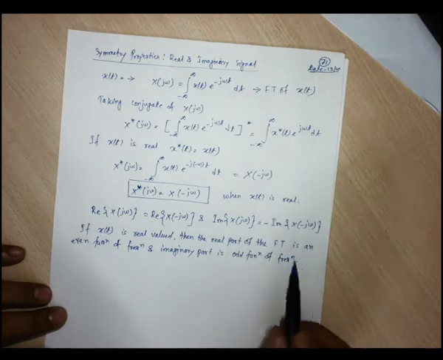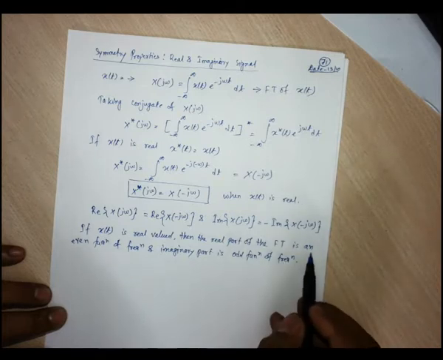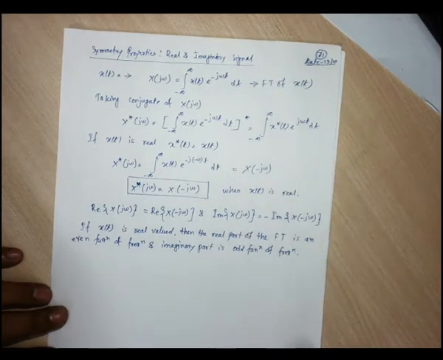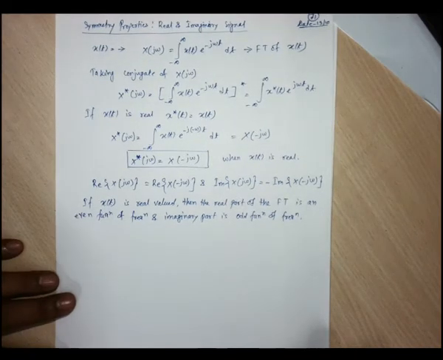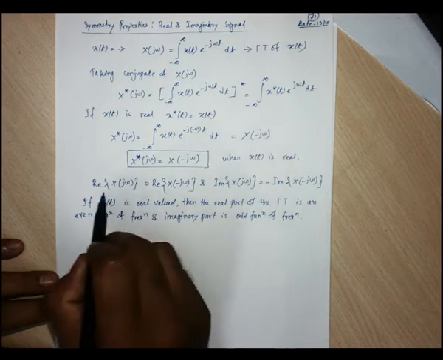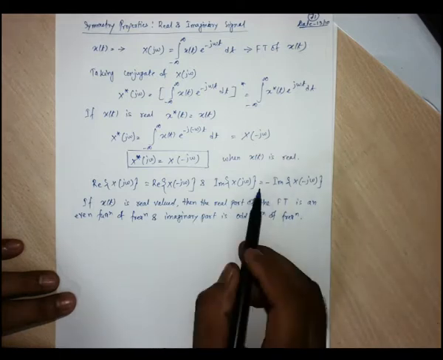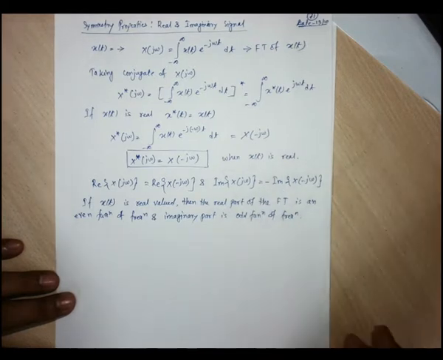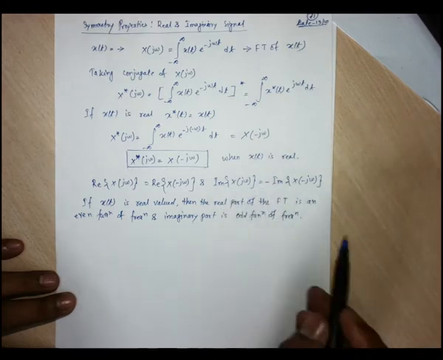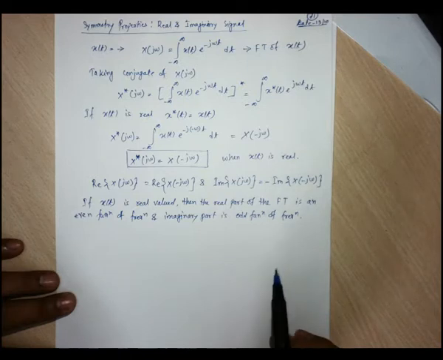So we can say the real part of the Fourier transform is an even function, and the imaginary part is an odd function of frequency. This also implies that the magnitude spectrum is an even function, while the phase spectrum is an odd function, because we get the phase from the imaginary part, that is if it is a plus jb, then b by a.